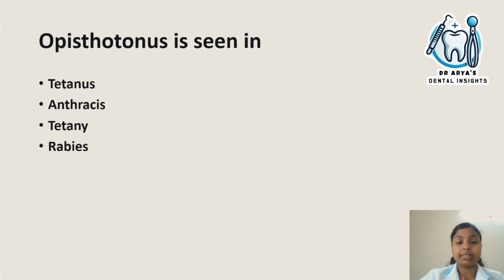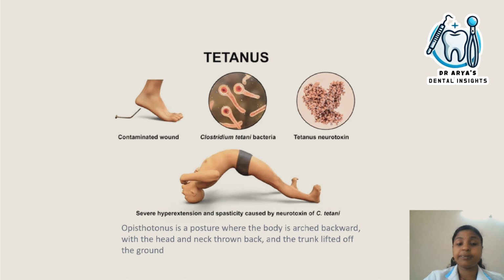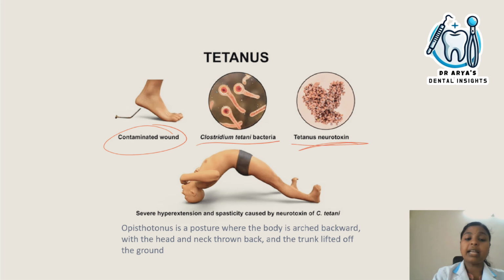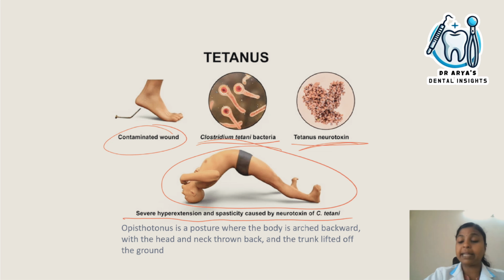What is opisthotonus and where is it seen? Tetanus, anthrax, tetany, or rabies. So in tetanus, it is a contaminated wound and the Clostridium tetani bacteria produce the tetanus neurotoxin, and this is known as opisthotonus, that is severe hyperextension and spasticity caused by neurotoxin of Clostridium tetani.